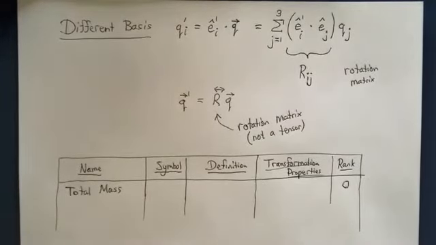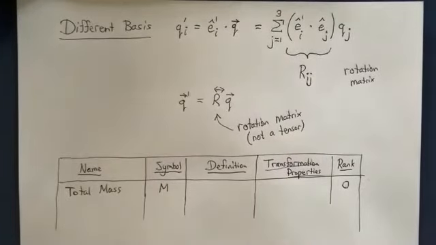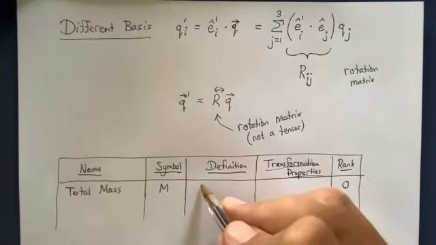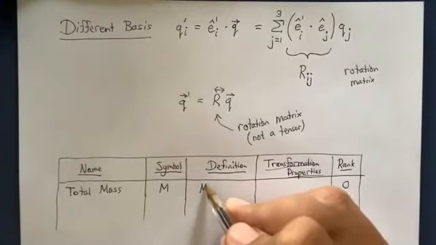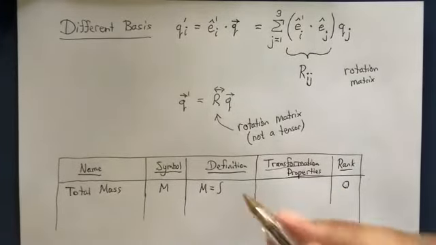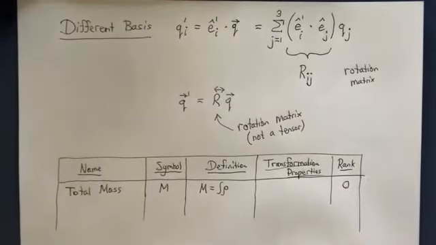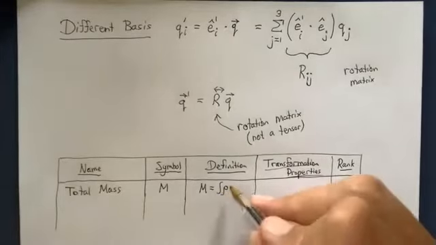Okay, so the total mass, you know, we like to use capital M for the total mass. And the definition here, we're going to integrate over all space. We've got rho, that's the mass density, the volume mass density, dV.